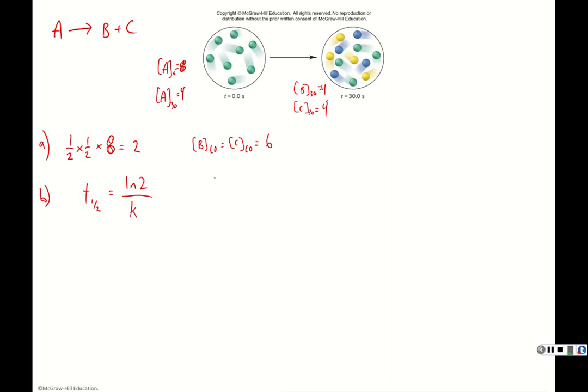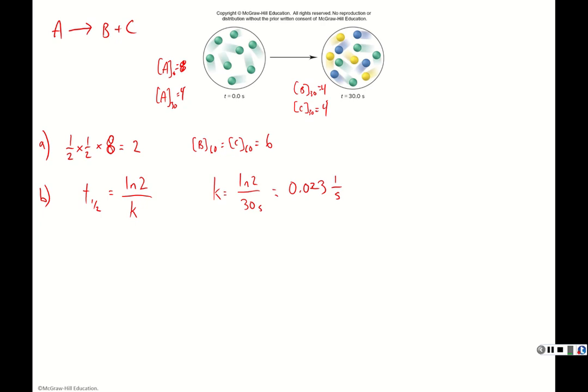We can rearrange this to solve for k. It would be ln 2 over the half-life, which is 30 seconds. So this would be 0.023, and the units would be 1/seconds.